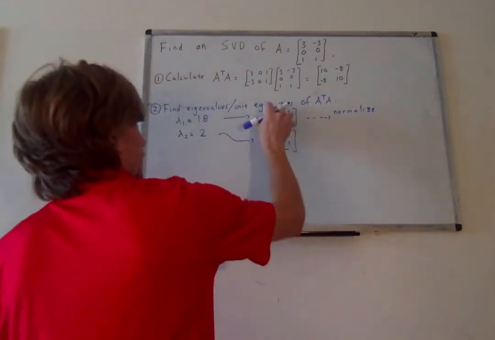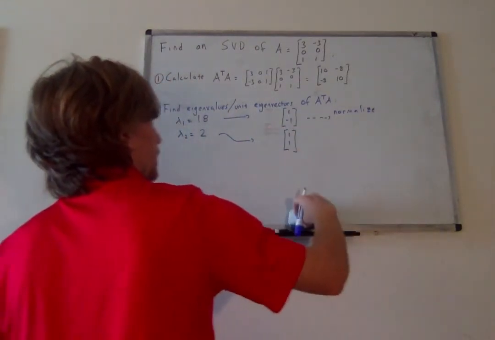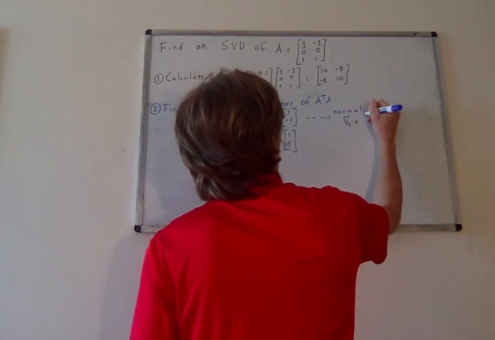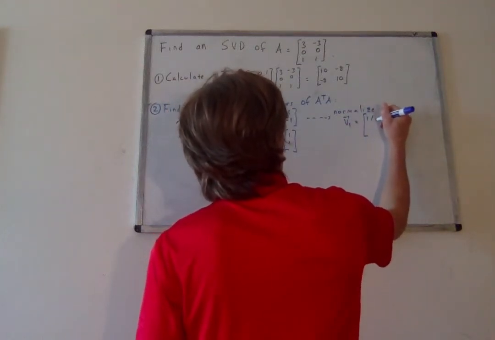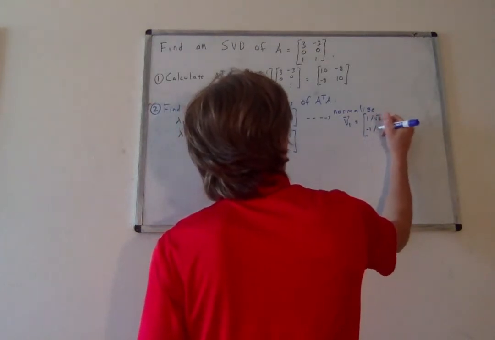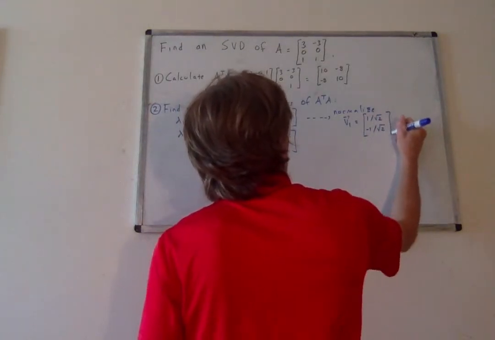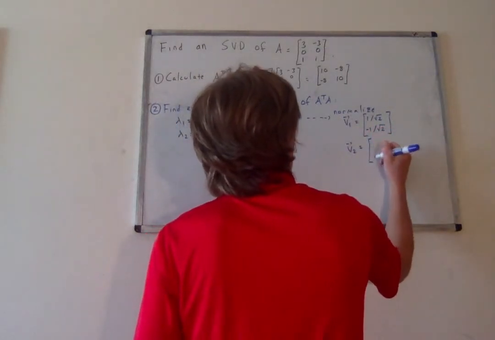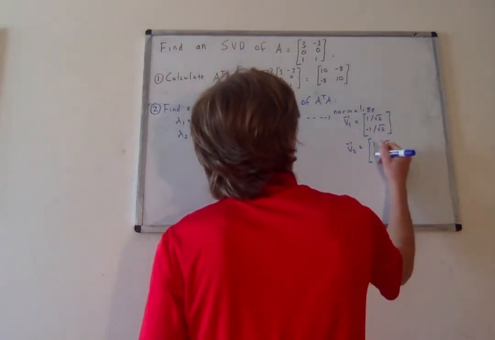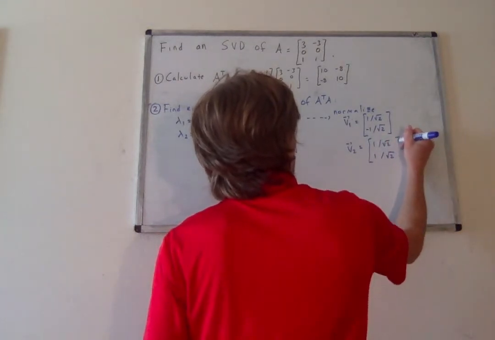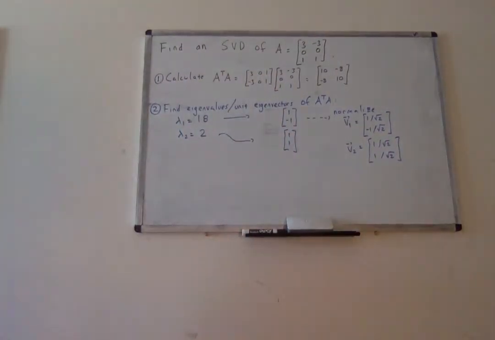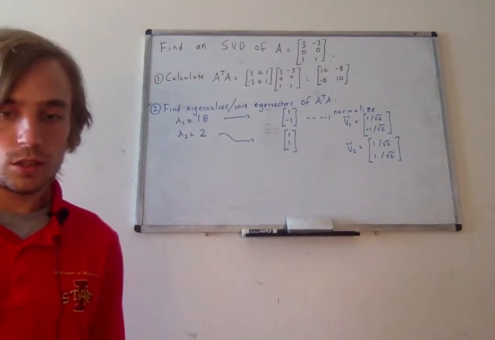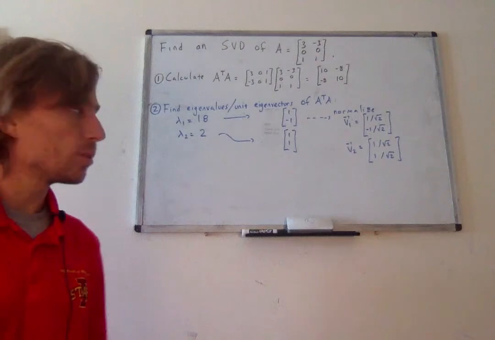And so we're actually going to call V1 and V2 the following eigenvectors. V1 is equal to (1 over square root 2, negative 1 over square root 2), and V2 is equal to (1 over square root 2, 1 over square root 2). Notice V1 and V2 are orthogonal eigenvectors, each of length 1, and so they form an orthonormal set.